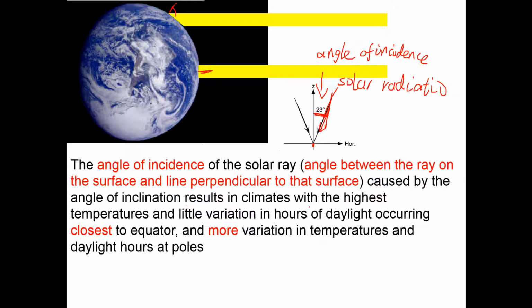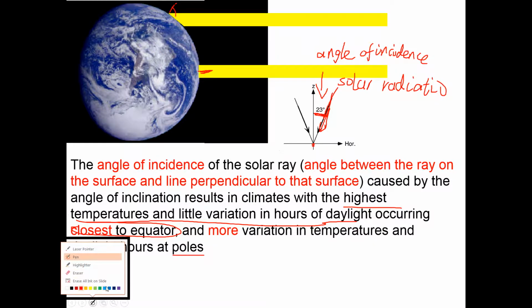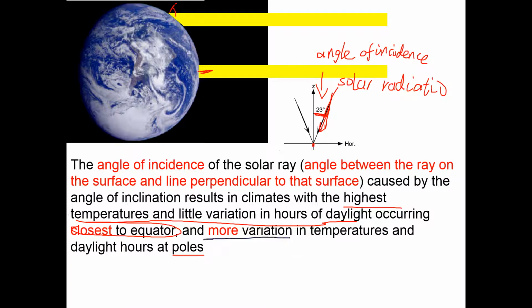Because of the angle of incidence, the climates near the equator have the highest temperatures and little variation, while near the poles there are much more variations. So in summer and winter, the variation in temperature and daylight hours changes a lot, and of course that has an impact on their climate.